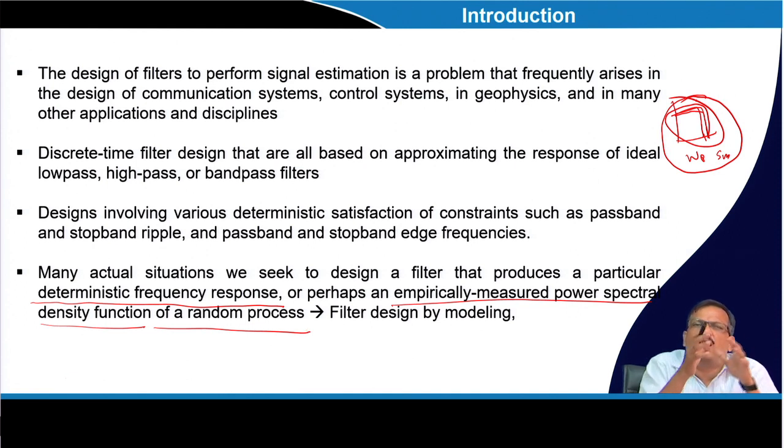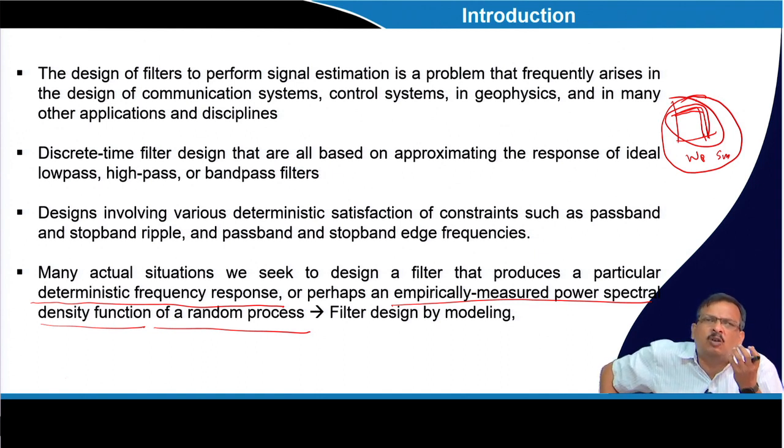So I do not want that kind of constraint. Let's say I want to estimate the power spectral density of a particular frequency range. So instead of designing an ideal filter using approximation methods, let's change the topic to a modeling technique.